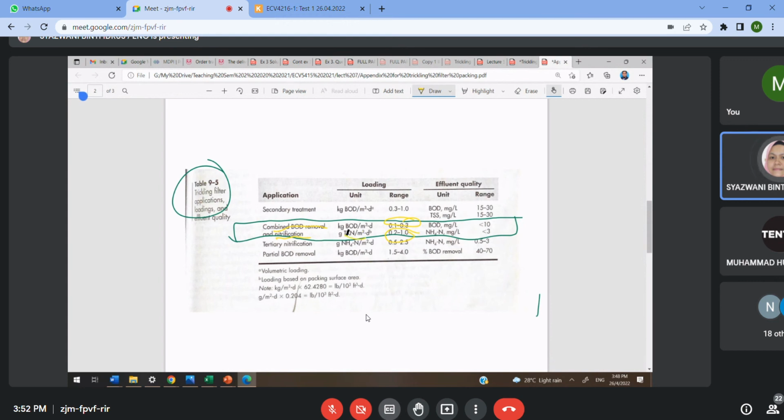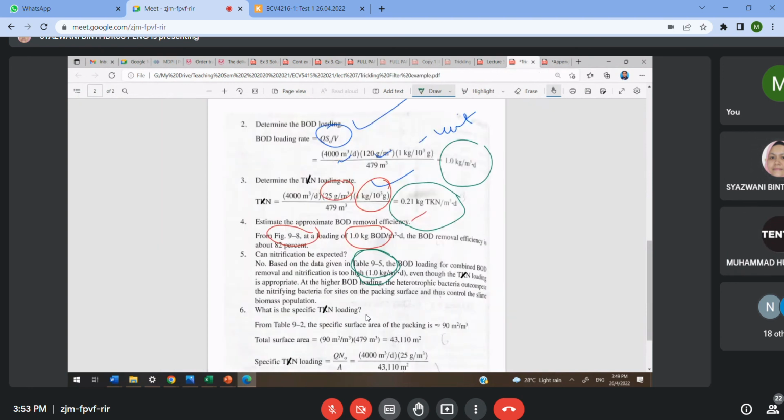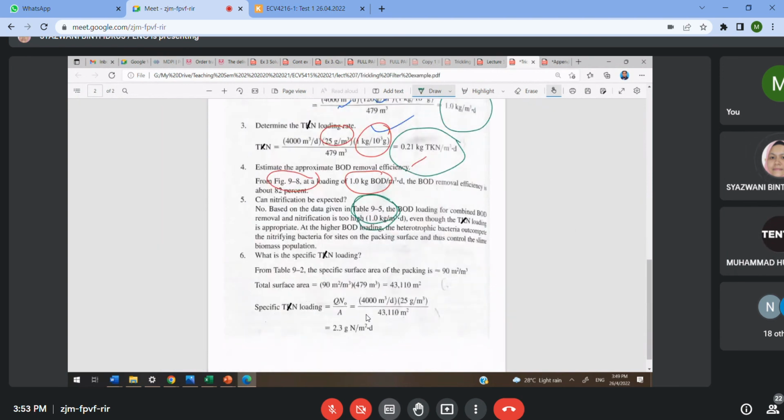So even if only one of them does not fall within the range, nitrification cannot be expected. Nitrification can be expected only if both of the parameters fall within the recommended range. Okay, faham tak? Faham ke? Understood. Okay, great. Okay, next.